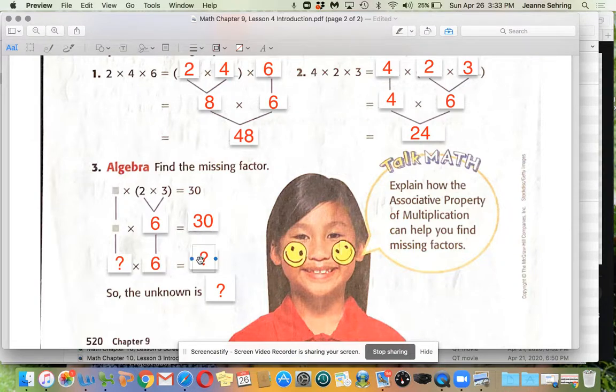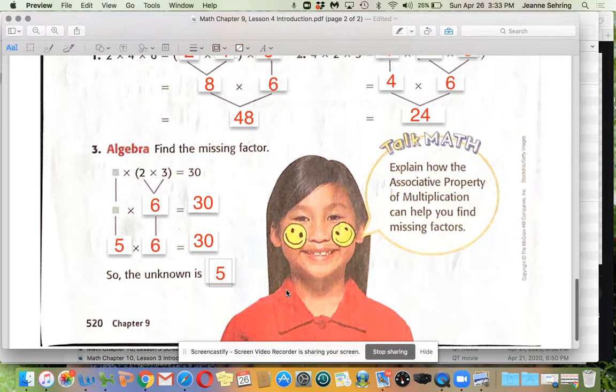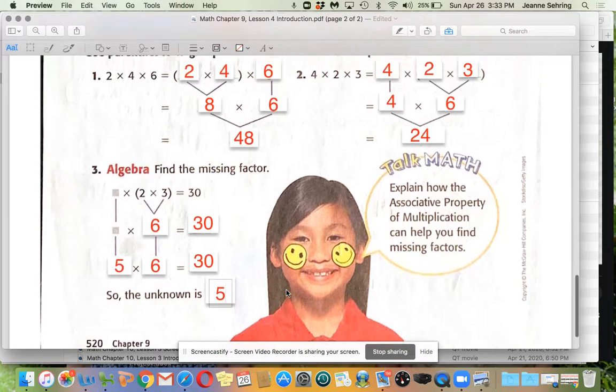Well, I could say 30 divided by 6 equals, but for me, it's just easier. I just know that 6 times 5 equals 30. So the unknown is 5 in this problem. The missing factor was a 5.